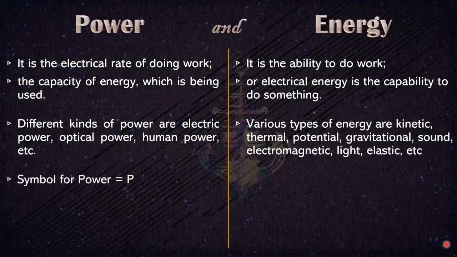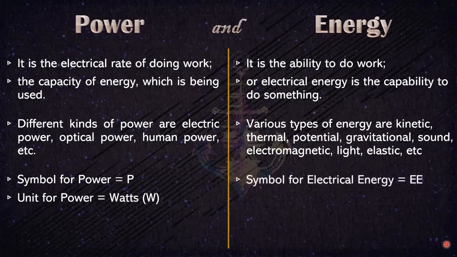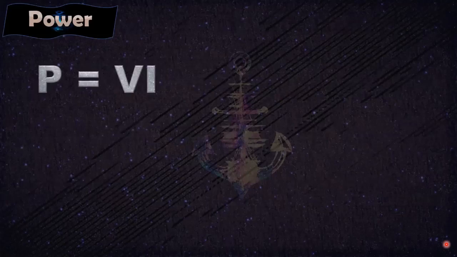Symbol for power is P, and the SI unit of power is watts. For energy, EE, electrical energy, is the symbol, and SI unit is joules, because it's energy in Physics 1, right? To solve for power, this is the formula.